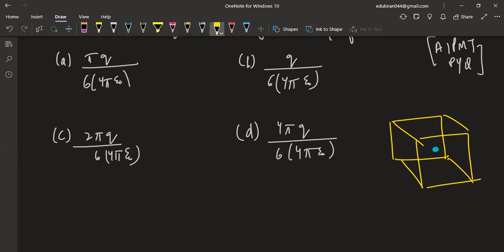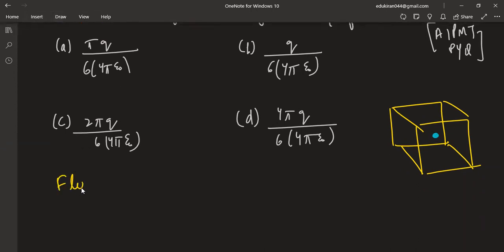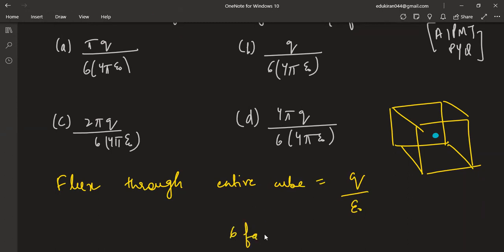What will be the flux through the entire cube? This is Q by epsilon naught. Entire cube means what? 6 faces. So flux through 6 faces is Q by epsilon naught.